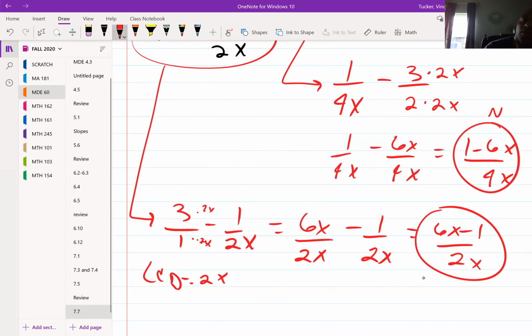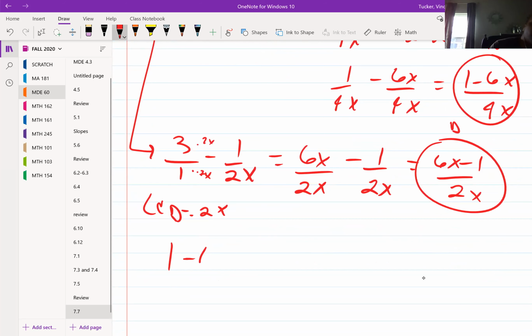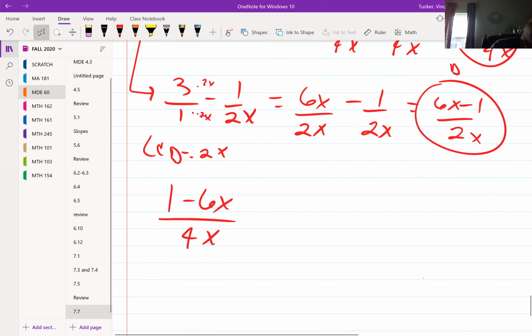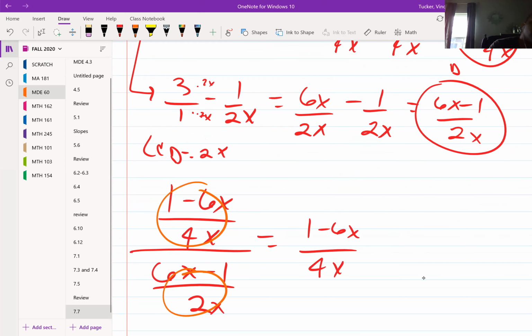So like I said, this is my numerator, this is my denominator. Now I place that 1 minus 6x over 4x, and then 6x minus 1 over 2x. And I got to flip it in, right? Now that you're in this position of one solid fraction over one solid fraction, we can change it to multiplication.